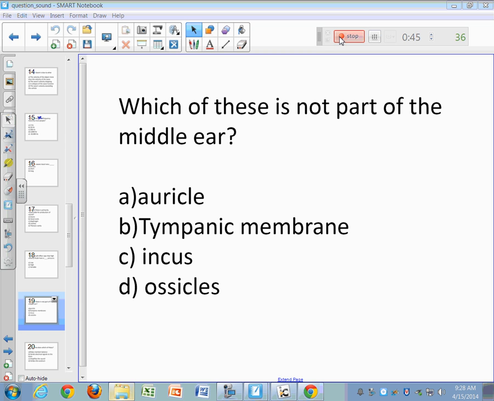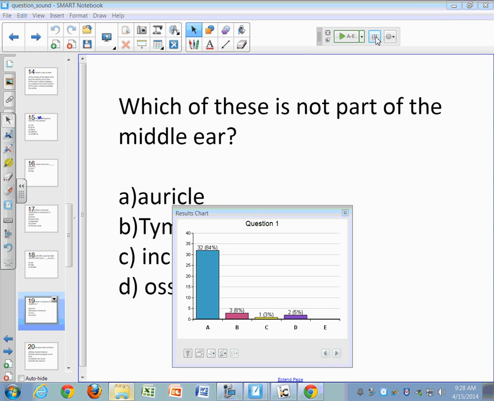I'll stop at 50 seconds. All right, very good. The auricle is actually what part of your ear? Right, the big floppy thing on the outside of your head? Some of you don't have big floppy ears, but I have big floppy ears.